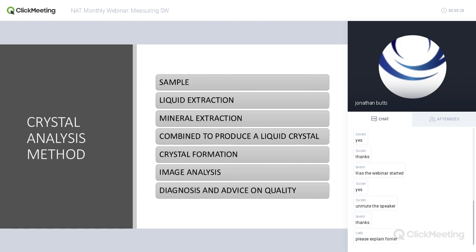And then the leftover residue that's in just about any water, if the sample's big enough, you'll have enough residue left over to extract the dry crystal. And then the liquid and the mineral extraction are recombined together, and what they call dendritic crystal growth grows as the water droplet is evaporating and forming a crystal. And then you look at that underneath a microscope, and then there's certain correlations that can be made.